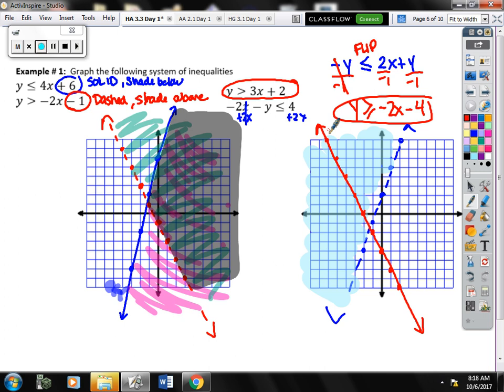And again, since we flipped the inequality, it is going to get shaded above. So again, the overlapping region is this little V in the middle.